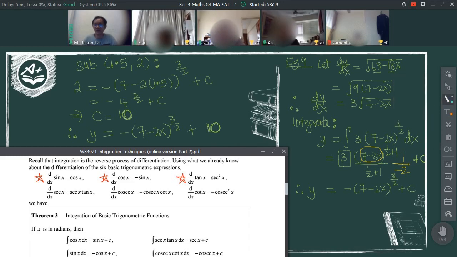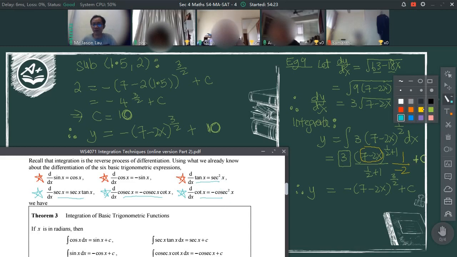Then if you are above average, you should also remember differentiate secant is secant tangent. Differentiate cosecant is negative cosecant cotangent. People find a way to remember that. Then finally, differentiate cotangent is negative cosecant squared, and people find a way to remember these two because they are "co" again. Think of chocolate cocoa, then you'll see all these "co" coming in. Yeah, the cocoa plant. Okay.